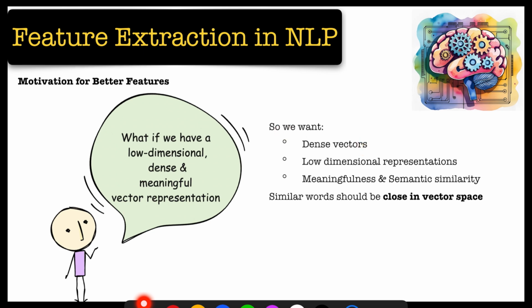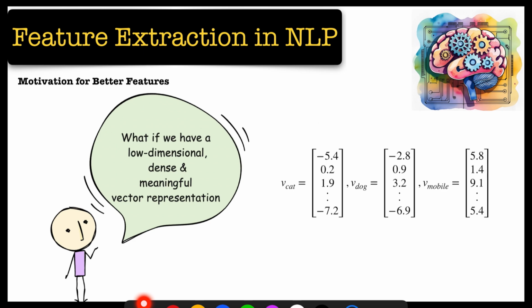That's what we want: dense, low dimensional representations, with meaningfulness and semantic similarity between the vectors. Similar words should be close in the vector space. So like this, for the word cat, this is some dense low dimensional vector representation. How meaningful it is, I cannot say.